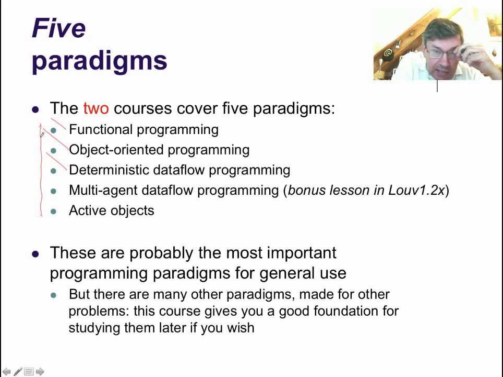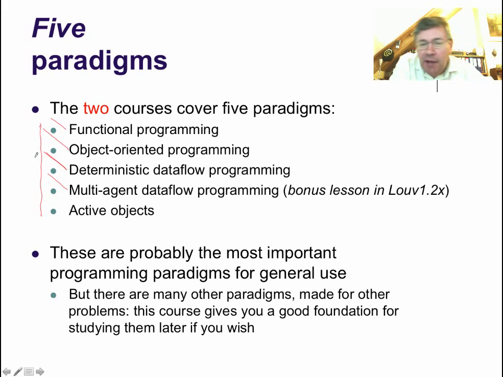And now in the age of multi-core systems, more and more languages are introducing ideas from this paradigm because it's both powerful and extremely simple. Then multi-agent data flow programming, this is in some sense, in our view, the best overall general purpose paradigm for concurrent programming, so we couldn't leave it out, even though maybe it's a little bit too advanced to explain it all in this course.